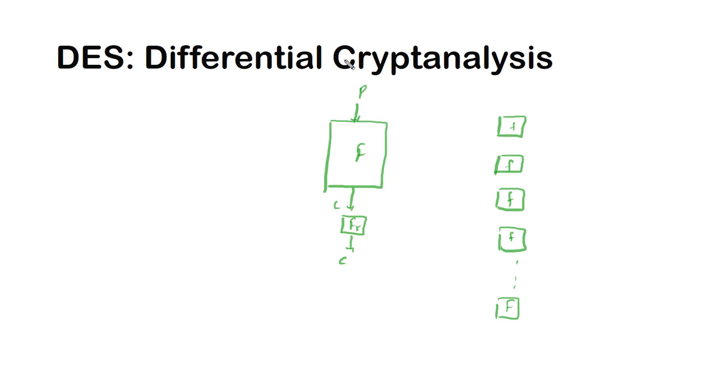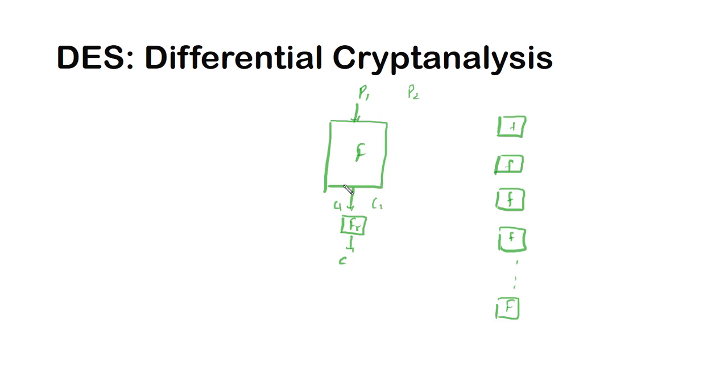Differential cryptanalysis is a non-generic cryptanalysis that basically acts upon the design of the DES cipher, and based on the design it says that since I am using the XOR operation in my function calculations, if I choose my plaintext in such a way that once I provide P1 and the next time I provide P2, then I study what the values of C1 and C2 are.